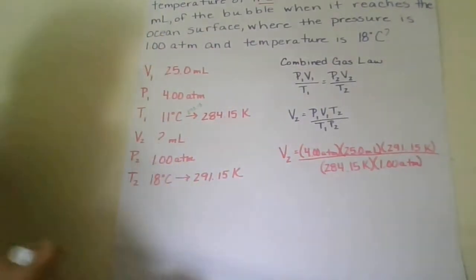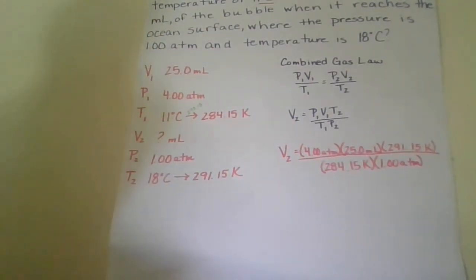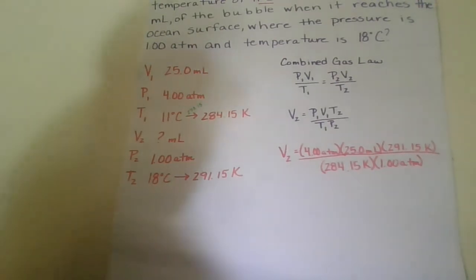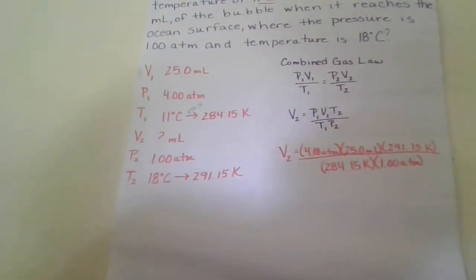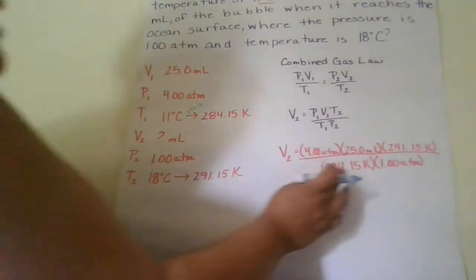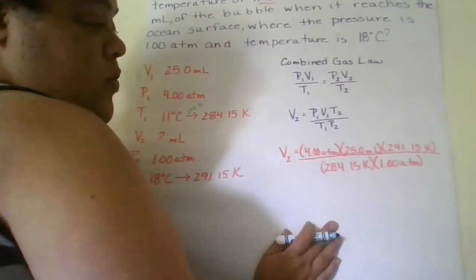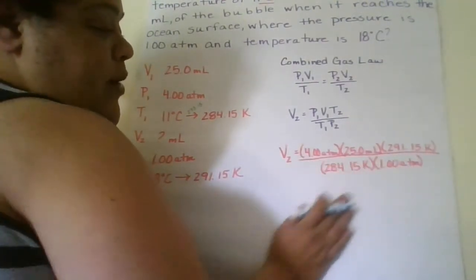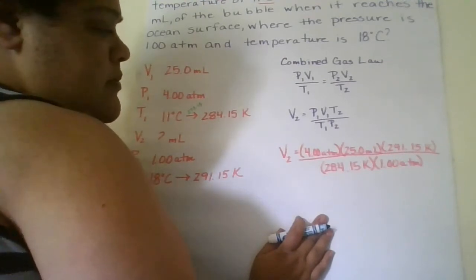Now that we have everything plugged in, we can start the process first of crossing out like terms to make sure we have everything in the version that we need it to be in to work it out. We have Kelvin for our temperature, so we're good. Both of our pressures match. So let's cross out some terms.